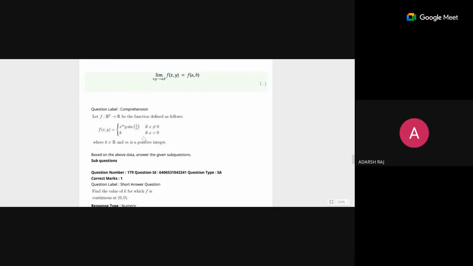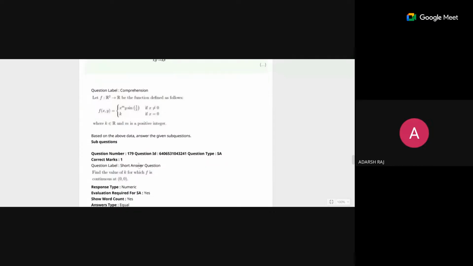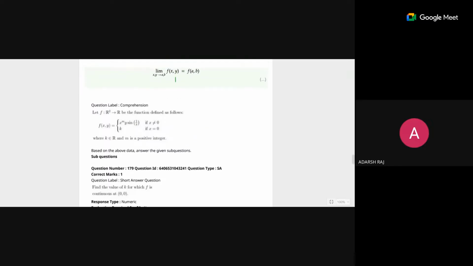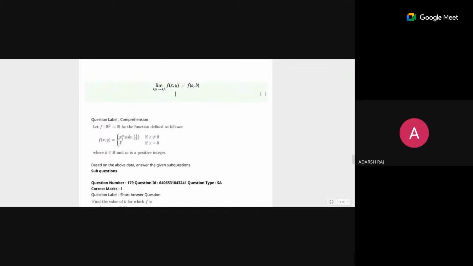So first you have to find the limit, right? The question says find the value of k for which f is continuous at (0, 0). So first you have to find the limit of this function, x to the power m times y sine of 1 by x.